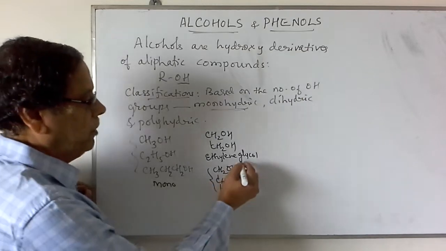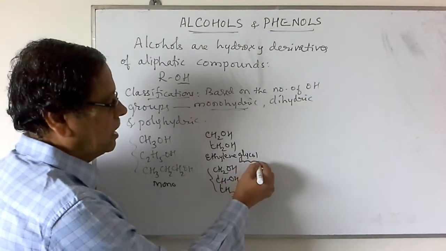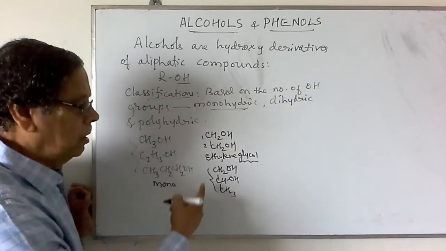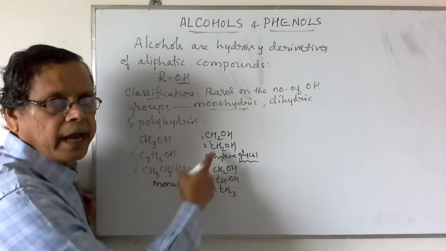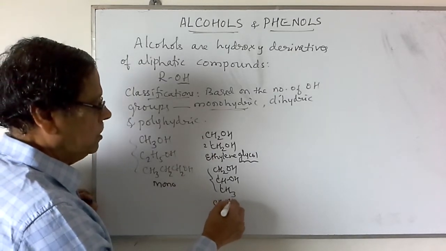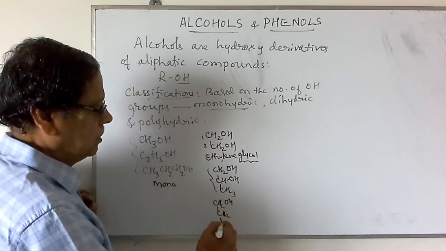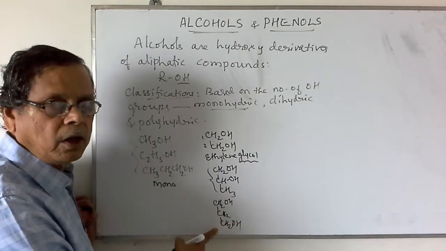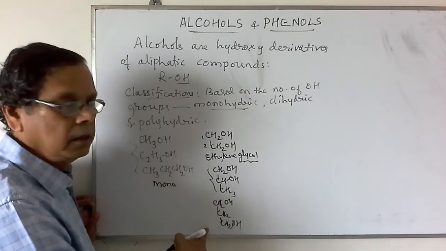Now here you remember one more thing. When we consider a glycol, it should contain carbon 1 and 2, adjacent carbon atoms, having the OH group. Suppose you consider CH2OH, CH2, CH2OH. This also contains two OH groups, but it is not a glycol, it is simply a dihydric alcohol.